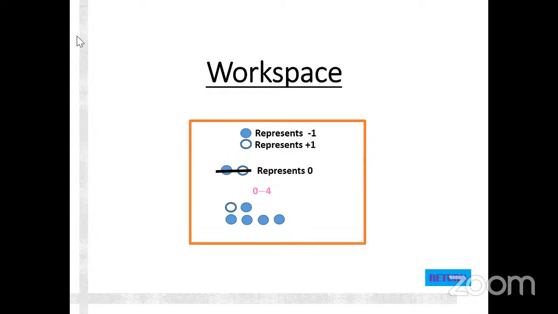I don't have anything that can cancel here? No zero pair? You don't see an open and a closed that can cancel to 0? You sure? All right, let's see. We can cancel that one.